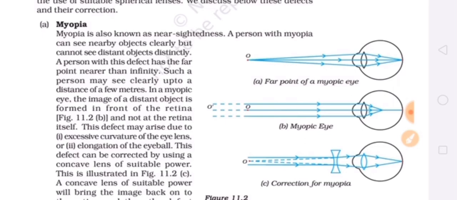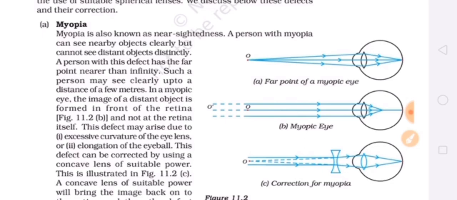And for a normal eye, the far point is infinity. But if the person has myopia, it means he is not able to see the far away objects clearly. It means his far point becomes nearer than infinity. It means his far point is not infinity. Now what is infinity here? My dear students, the farthest point at which you can see comfortably, that is called infinity.